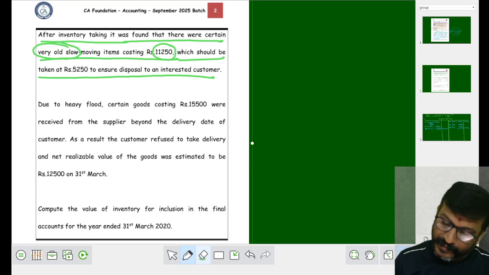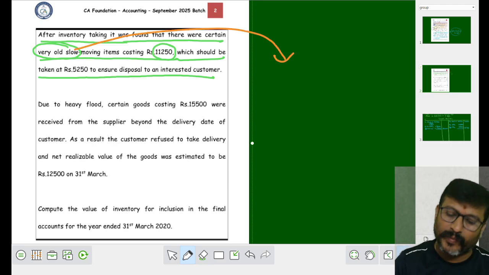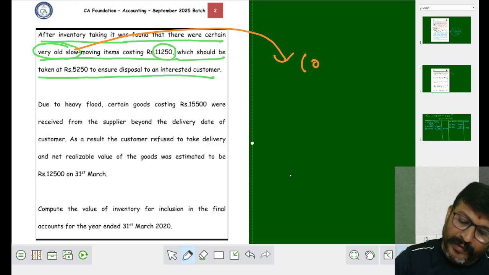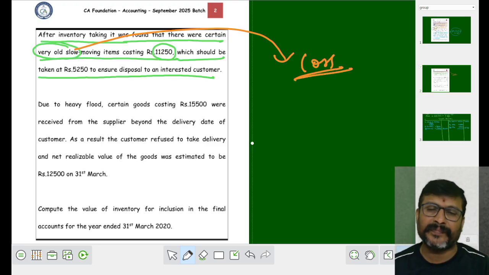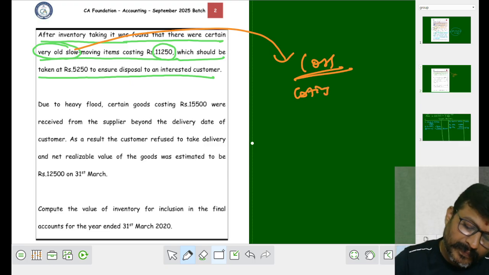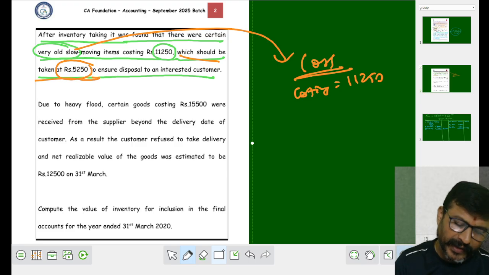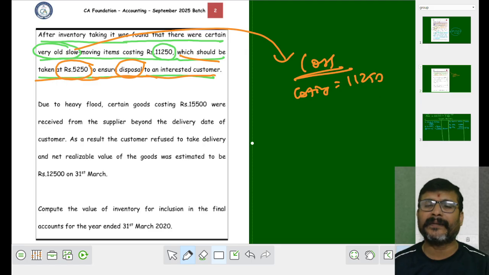When there is very slow moving, from very slow moving we are going to arrive at the loss. What? Very slow moving items costing 11,250, which should be taken at 5,250 to ensure disposal to the interested customer.